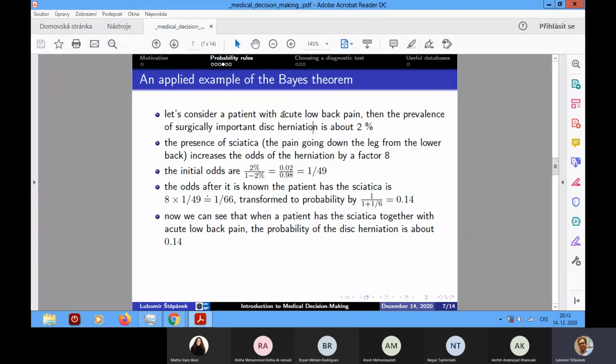So we have a patient with acute low back pain, and considering this, the prevalence of surgically important disc herniation is about 2%.